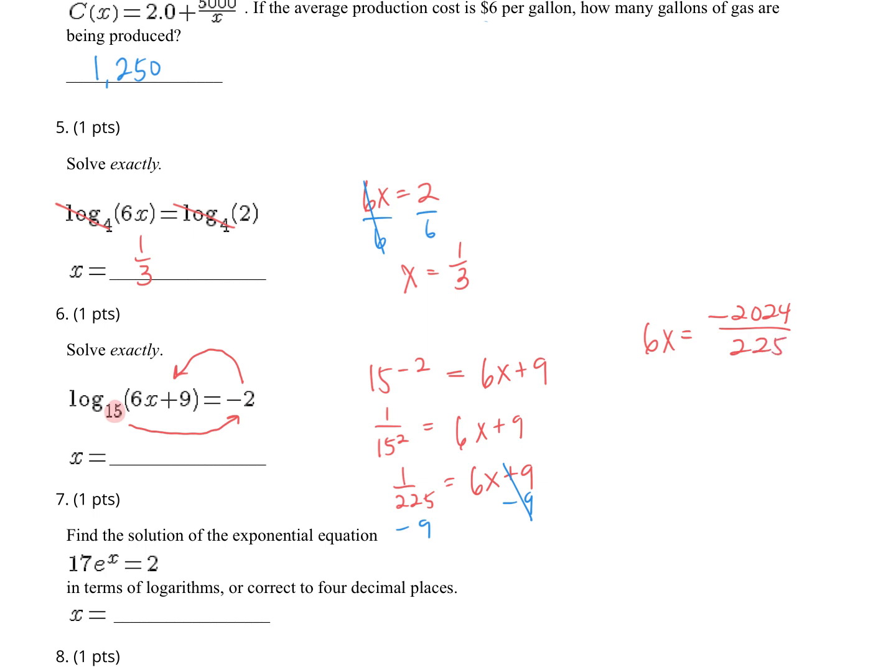Then I'm going to divide this by 6, which is the same as multiplying by 1/6. Again, you can do this all in your calculator. Change it to a fraction. So I got x equals negative 1012 over 675. That would be the exact answer, not changing to decimals. That's what you would put.